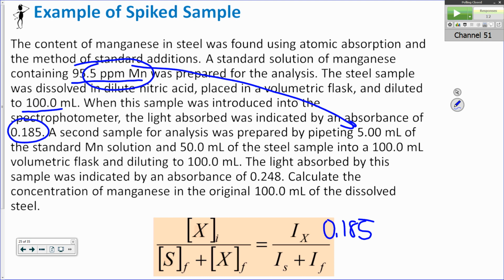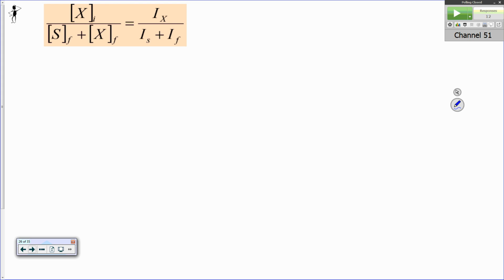Then I reanalyzed and I got this number. So what I need to do is solve for these dilutions and figure out what X is in this thing. Okay, so let's go to the next page and do this.